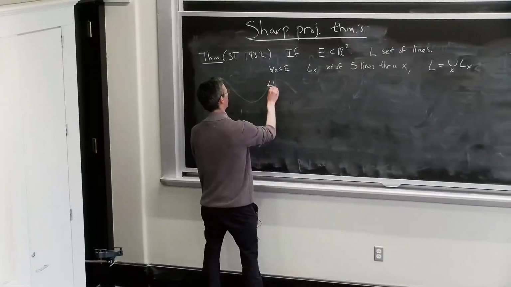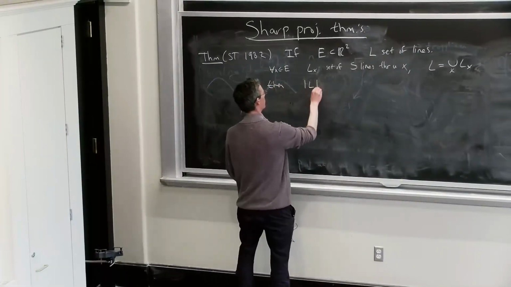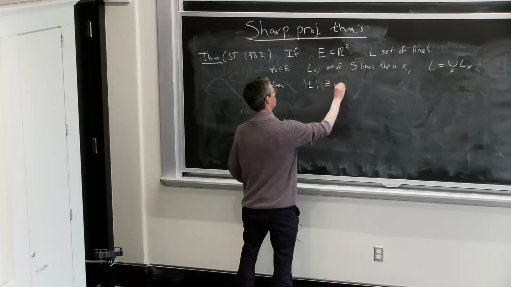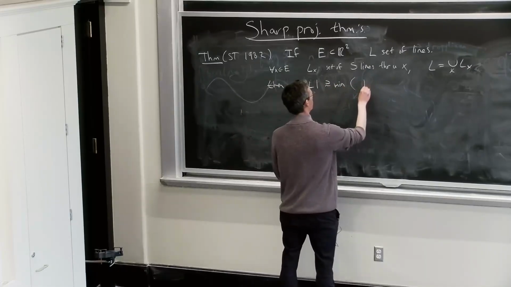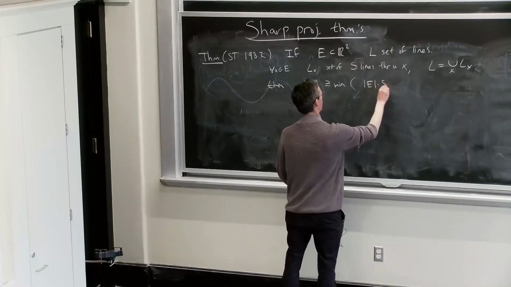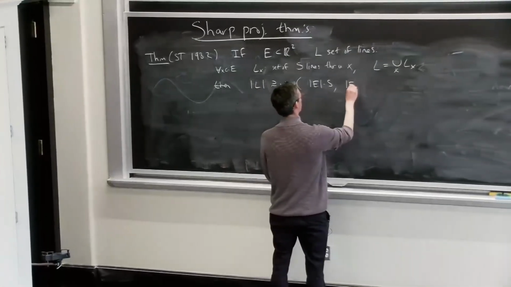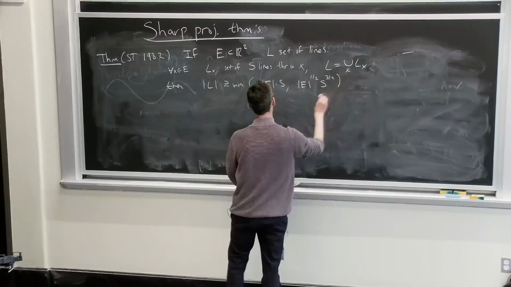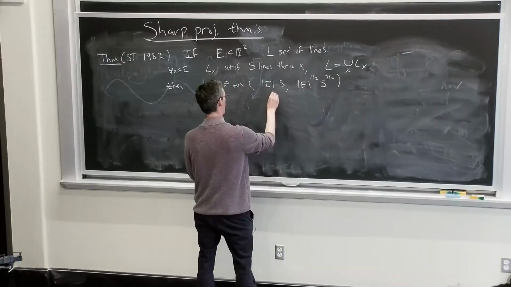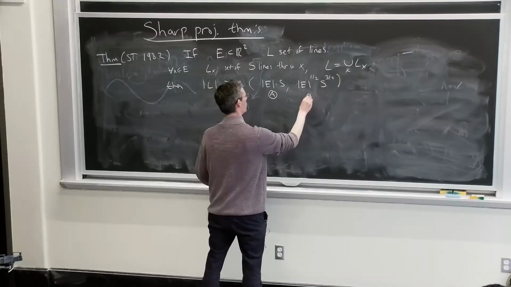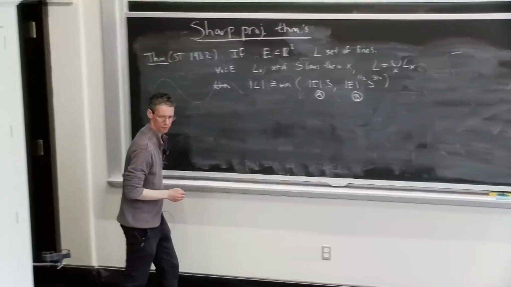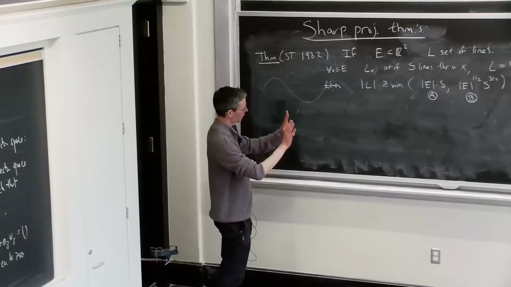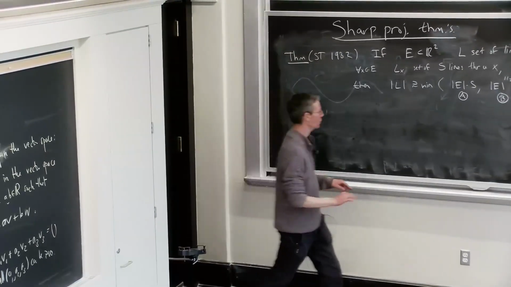So then the conclusion is that the number of lines is at least the minimum of a couple of options. There's the size of E times S, or there's the size of E to the 1/2 S to the 3/2. We'll call these option A and option B. Option A, it's very simple to imagine how this could arise.